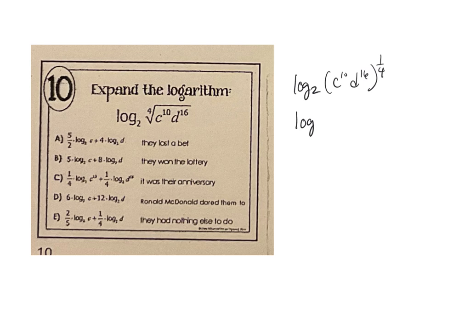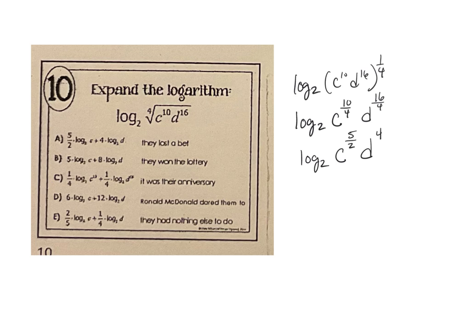So log base 2 of c to the 10 over 4, because we multiply the 10 times the 1/4, which gives us 10 over 4, and then d to the 16 over 4. Okay, and both of these will simplify. So now we're going to have log base 2 of c to the 5/2 and d to the 4th.